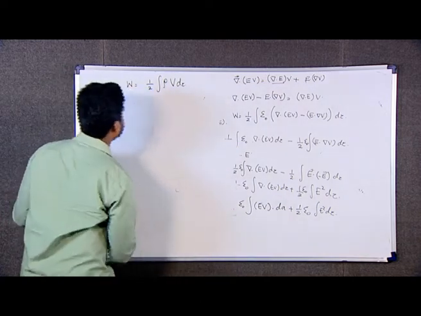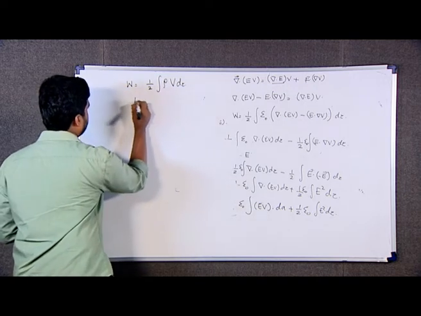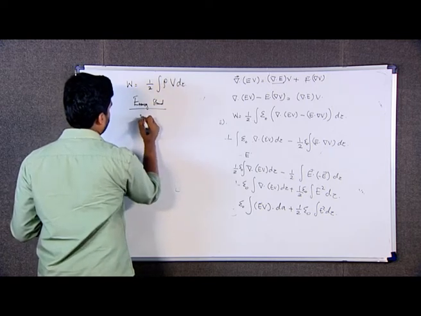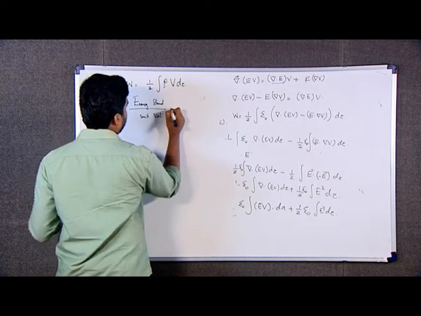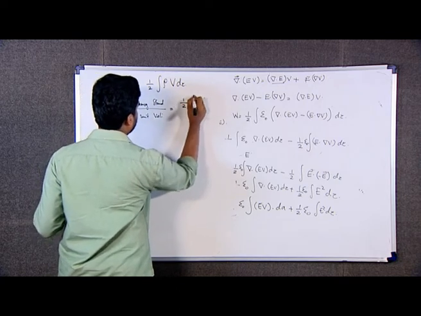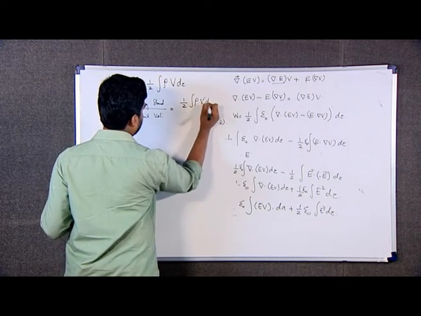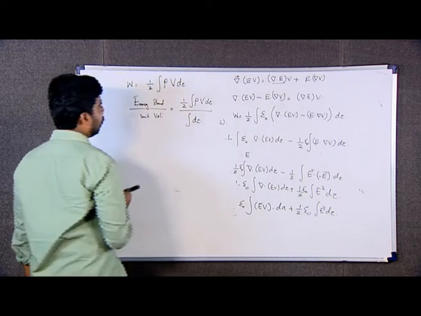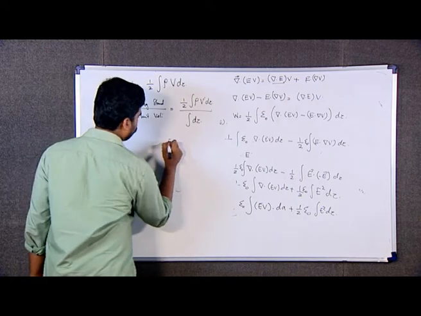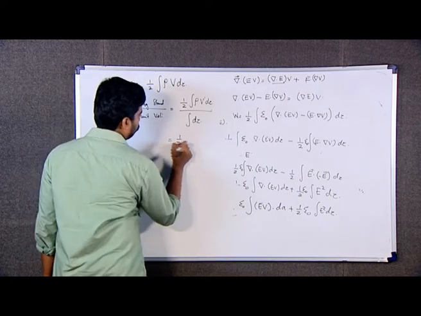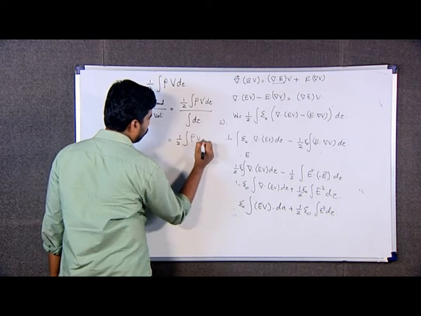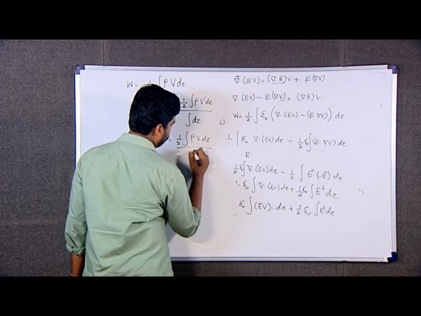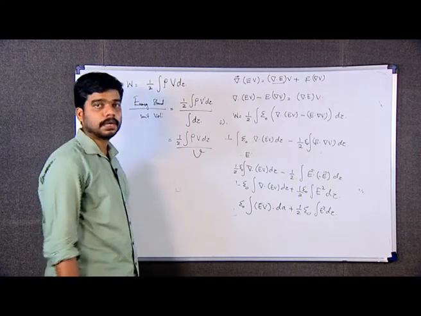So, energy density is energy stored per unit volume. Energy stored is half into integral rho V d tau, and per unit volume it is divided by the total volume, which I will name with a small letter v.